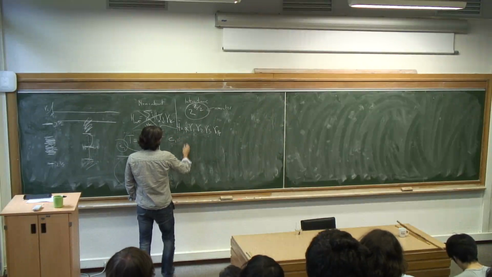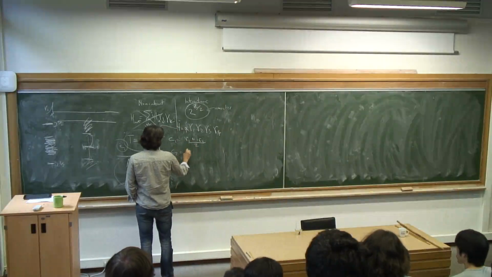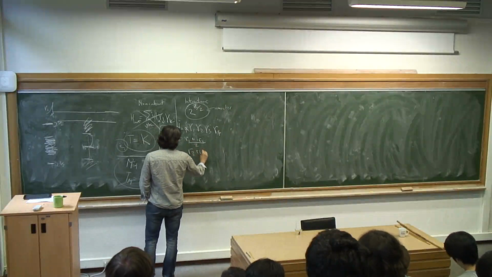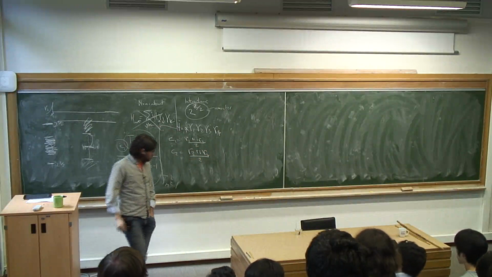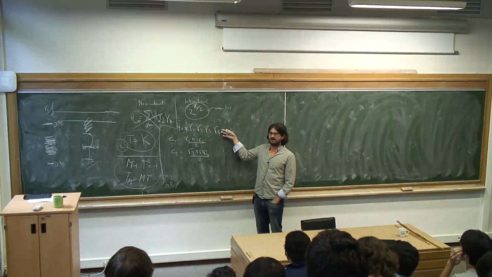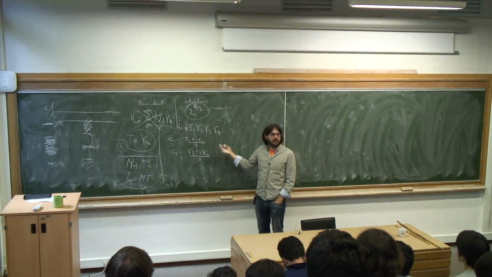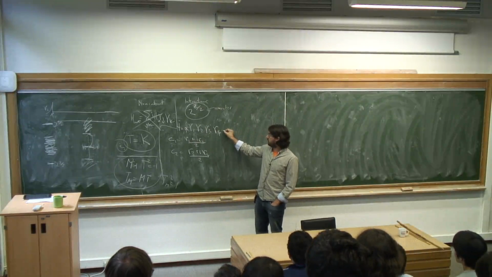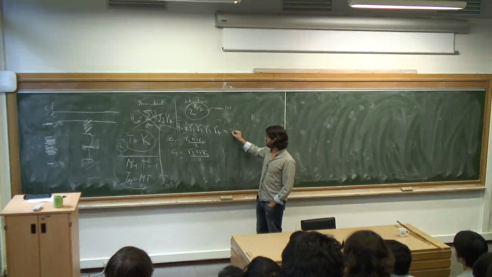C1 equals (gamma 1 plus i gamma 2) over 2, and C2 equals (gamma 3 plus i gamma 4) over 2. So I'm building these fermions, and there's only one thing that this term can be. You can actually compute what it is, but there's only one thing it can be. Can you tell me what it is in terms of these fermions? Anybody has a guess?